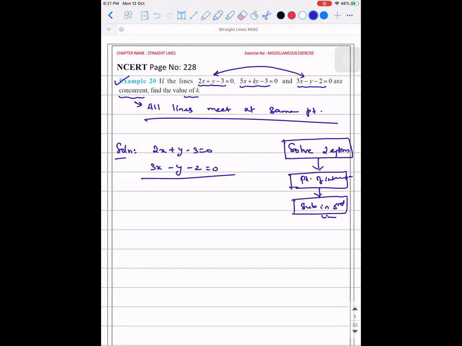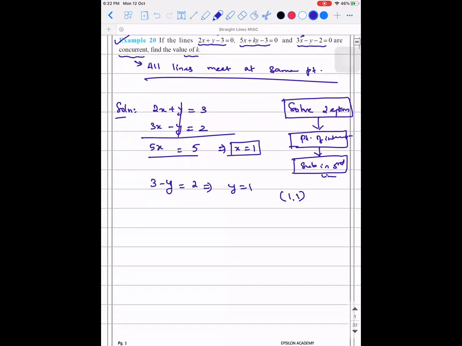What is the solution, guys? x is 1. So when x is 1, 3 - y = 2, y is also 1. So the point of intersection is (1, 1). Right? So (1, 1) should satisfy what?